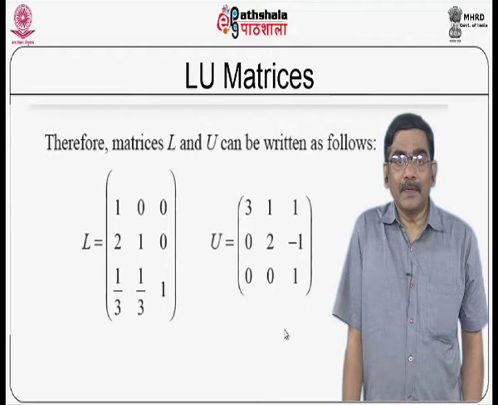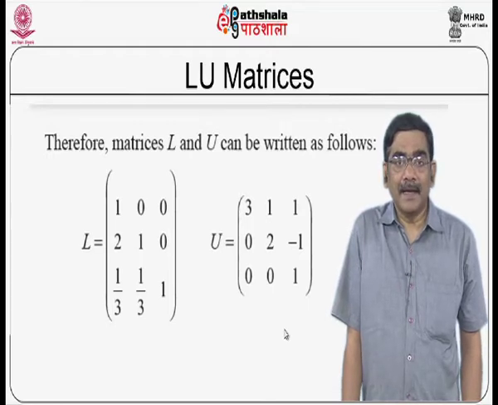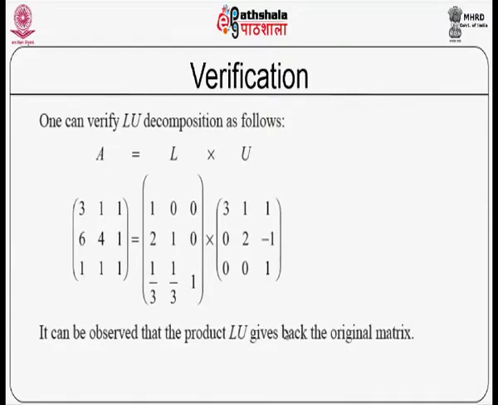Now this is the matrix L as well as U. We can verify whether this is right by multiplying L and U. You should get back the original matrix A, and only then can we conclude that the procedure is right. So, this procedure is a recursive way of applying Gaussian elimination to find matrices L as well as U.